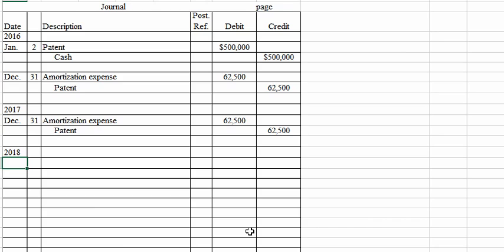I'm going to say that was January 2nd as well, like we used up here. And now the value assigned to the patent increases. So we're going to debit patent, because the cost of the patent actually increased by the amount of the successful defense, and that was $45,000. And that cost us cash, of course, so we credit cash for the $45,000.